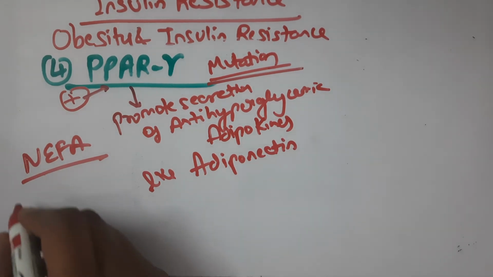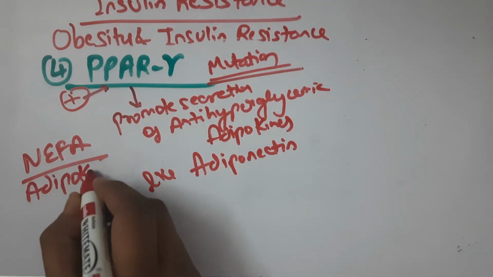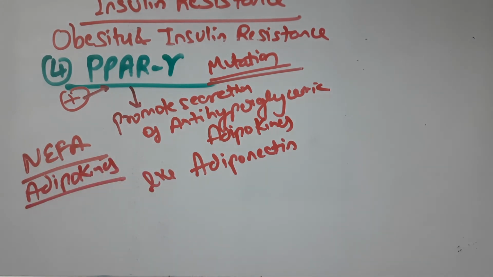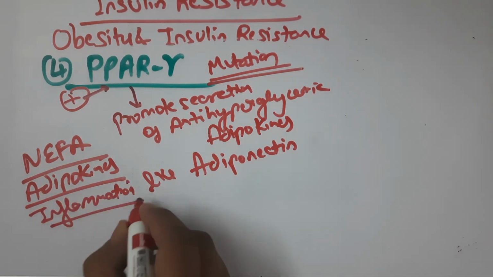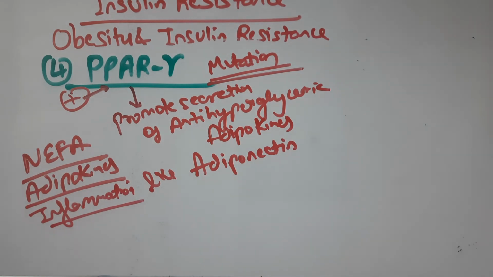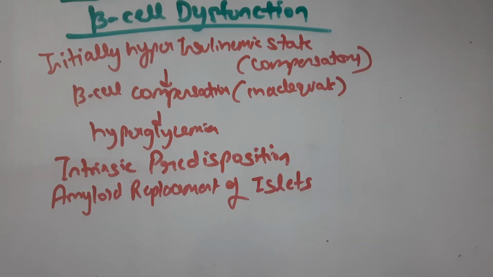The second factor is adipokines, and we have discussed that in obesity there is a lower level of adiponectin, so insulin resistance increases. The third factor is inflammation, which antagonizes insulin action, and the fourth factor is PPAR gamma mutation. All of these 4 factors are responsible for insulin resistance.